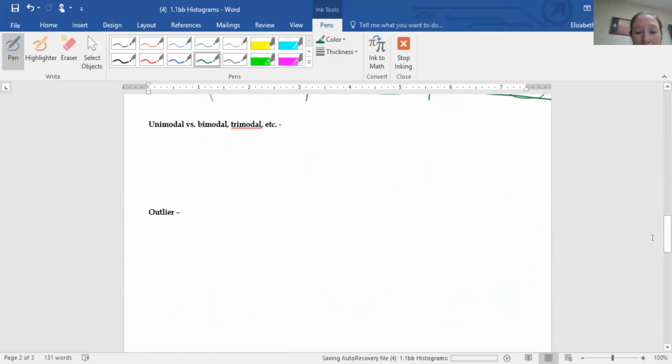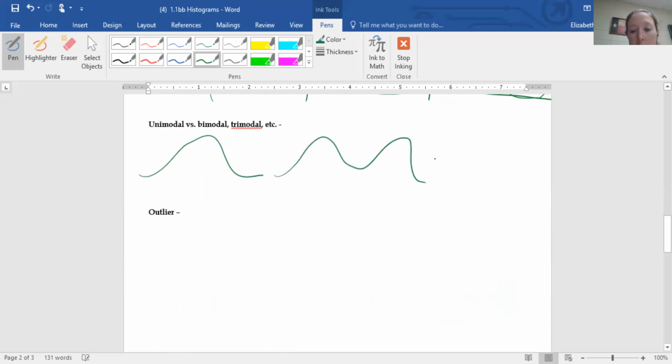This is how many centers, how many clusters of data do we have? Unimodal, I've got one. Bimodal would look something like this, and you could probably figure out that trimodal is going to do this. Sometimes they're extreme, sometimes they're more subtle. Regardless, modal means the clusters of data.